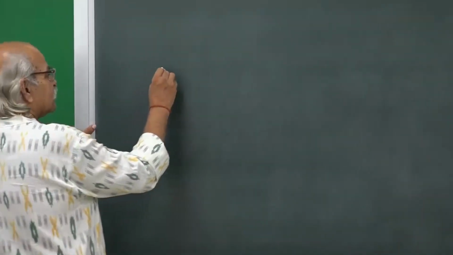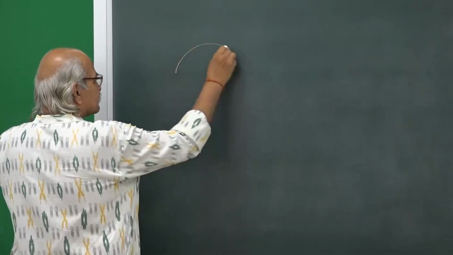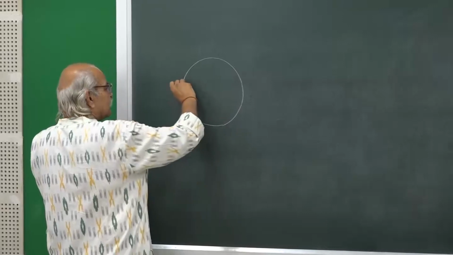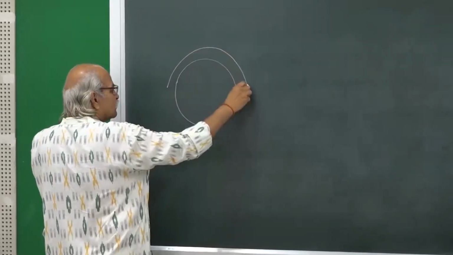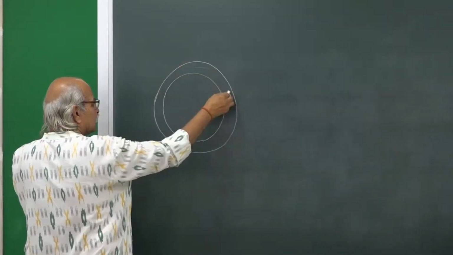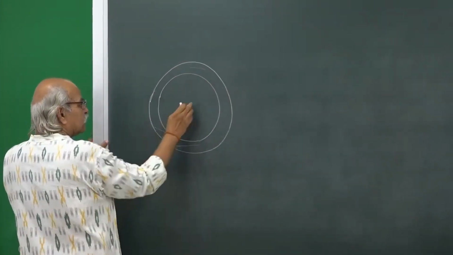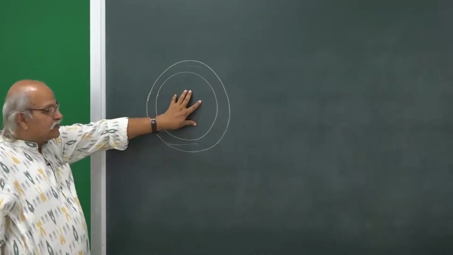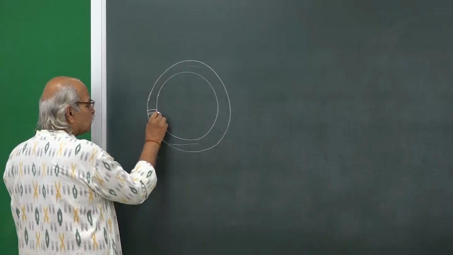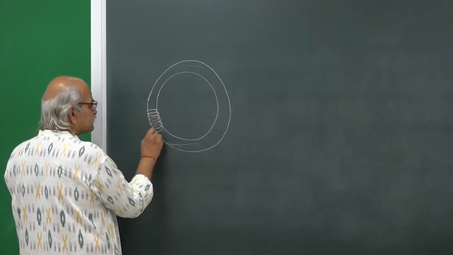So, if I try to draw the diagram here, it will be something like this. This is the inner side of the tube and this is the outer side of the tube. This is the tube, and this part is vacant, and here you wind the turns like this.